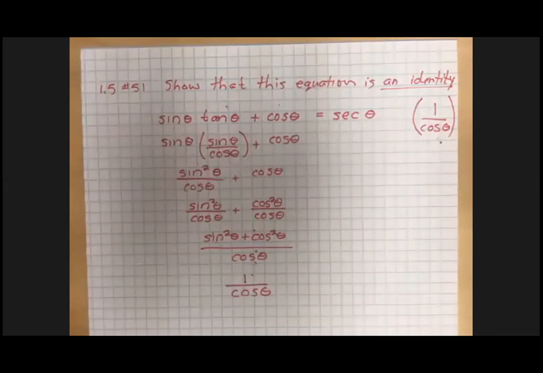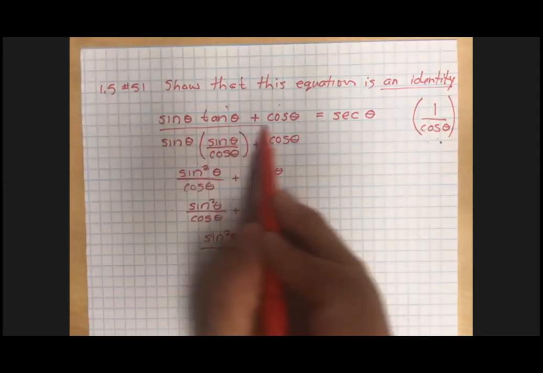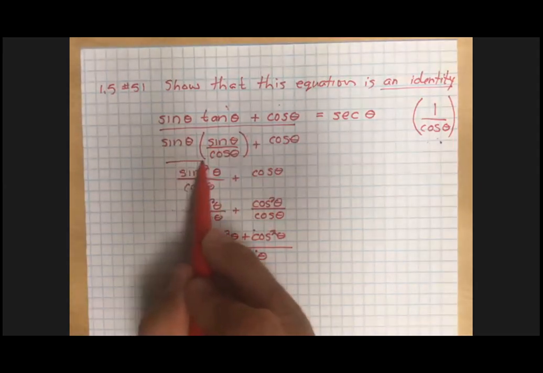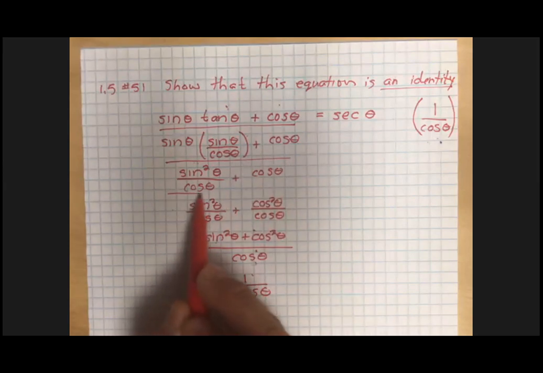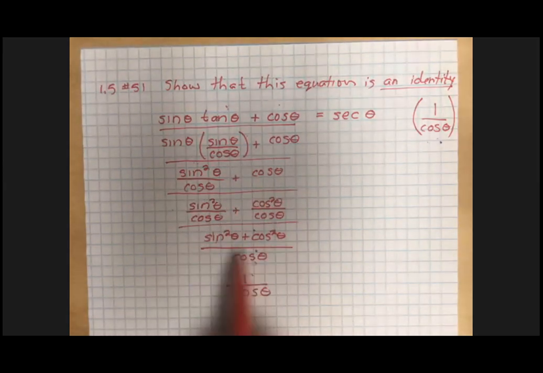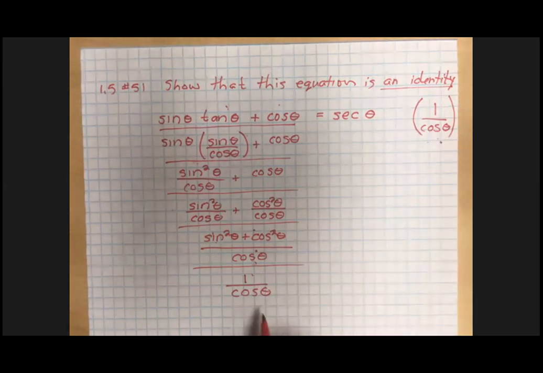But look at what we've done. One step at a time, we took this side, just did ordinary legal things. And now I've arrived at 1 over cosine. And then I say to myself, oh my gosh, that was secant. That is what I want.